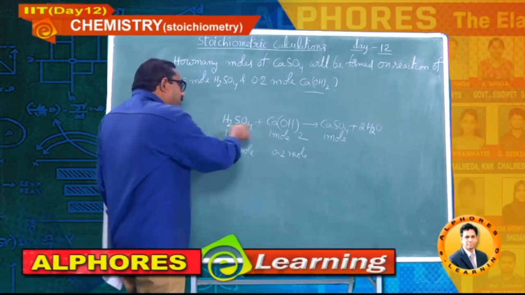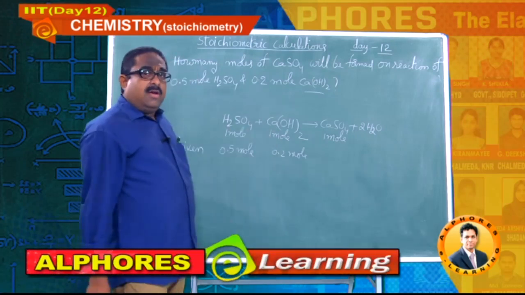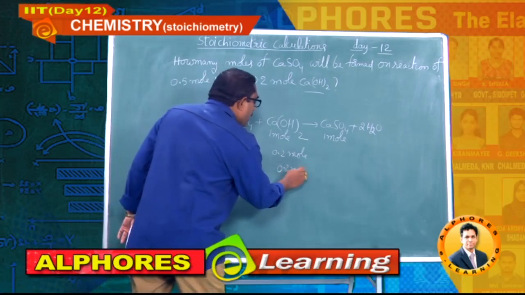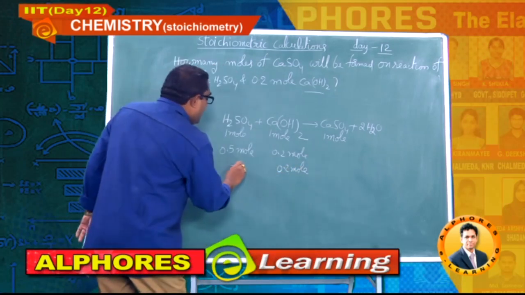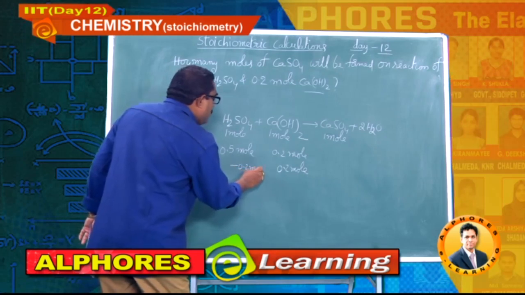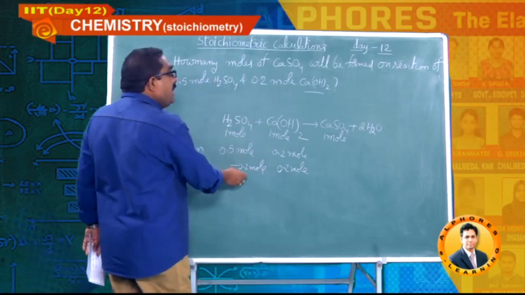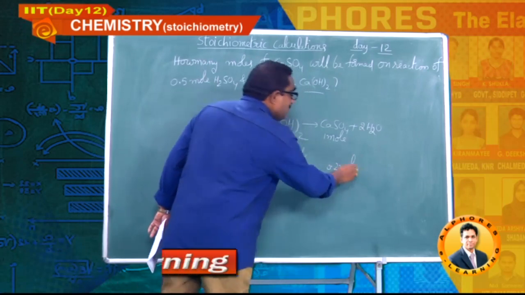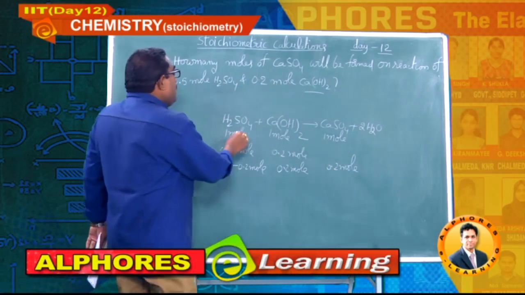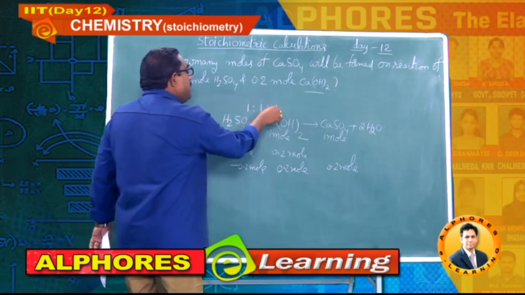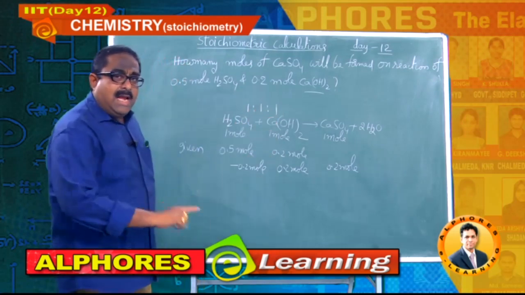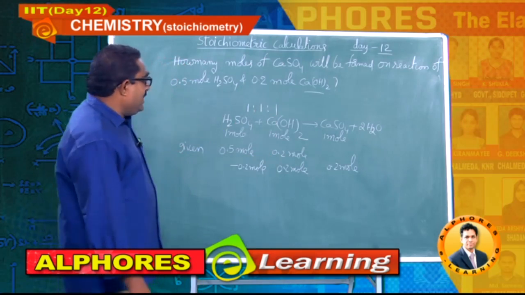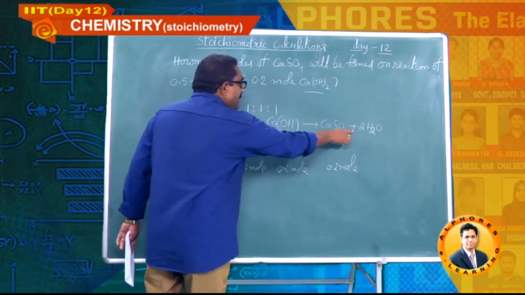So, from this stoichiometric equation we can write like this: 0.2 mole of calcium hydroxide reacts with 0.2 mole of sulfuric acid only and forms 0.2 mole of calcium sulfate, because you are not supposed to disturb the mole ratio of any balanced chemical equation, that is 1:1:1 up to here.